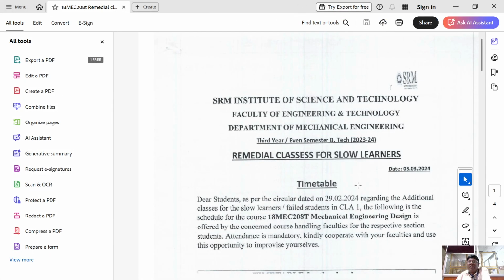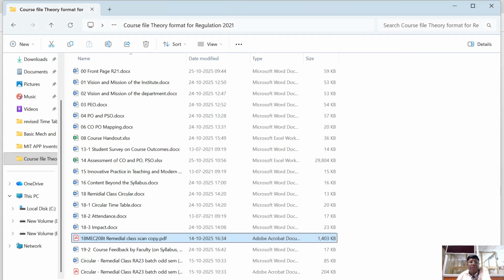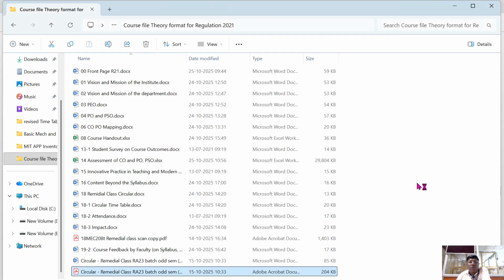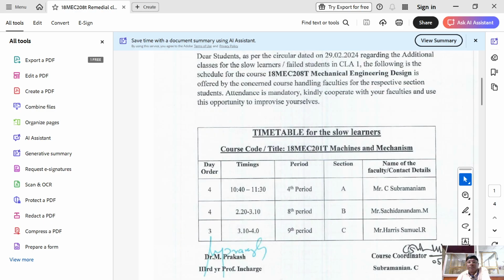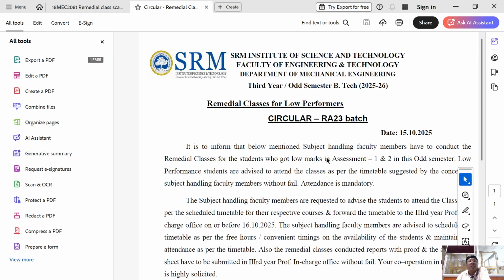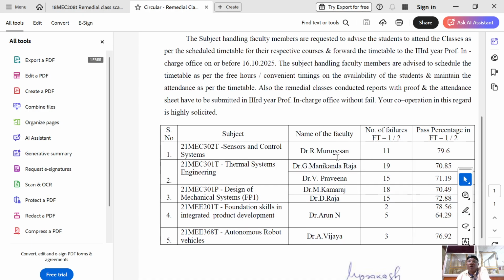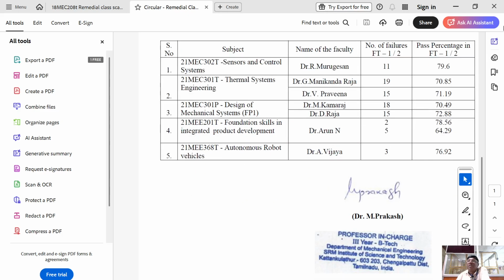Okay, this is a timetable, given here as a sample copy, and the circular is given here. It states which time, which factor, what the details are, and who is handling it.